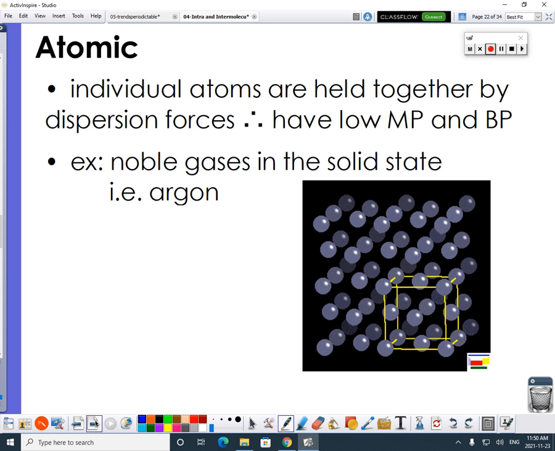So atomic solids have atoms between them, okay? So the clue is in the name. And the force they have is dispersion only, okay?